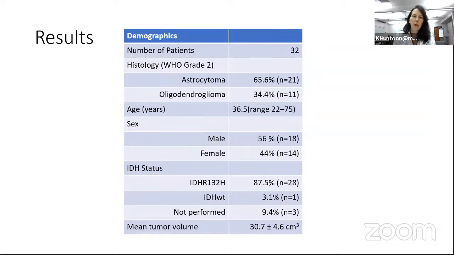Regarding IDH status, most of them had the canonical R132H mutation. 37.5% had no testing performed for 3 patients, but I think the pathologists believed that they were definitively oligodendrogliomas and didn't feel like an IDH test was needed. There was 1 that was IDH wild type. And the mean preoperative tumor volume was 30.7 plus or minus 4.6 centimeters cubed.